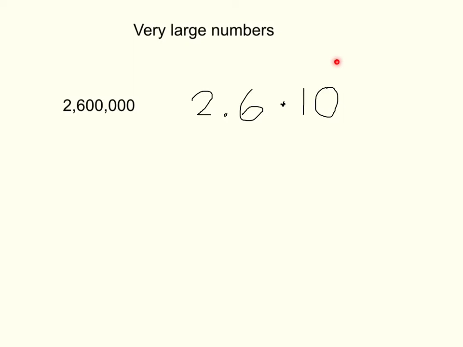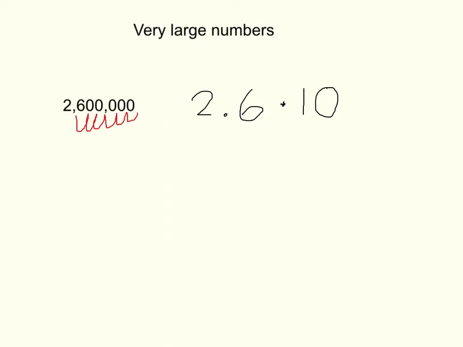Now we must discover how we find our exponent. The way we find our exponent lies in the number of times we moved our decimal. We moved our decimal from here behind the final 0 to right here between the 2 and the 6. So let's see how many times that decimal place moved. Well, it moved 1, 2, 3, 4, 5, 6 times.